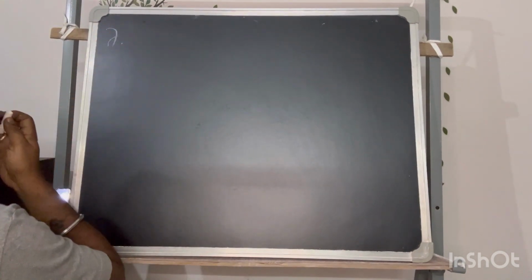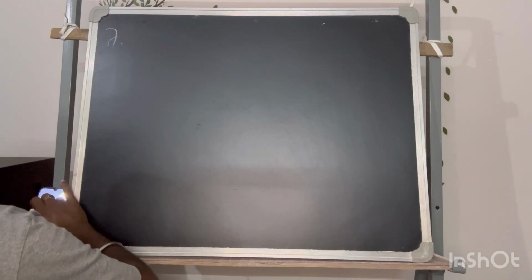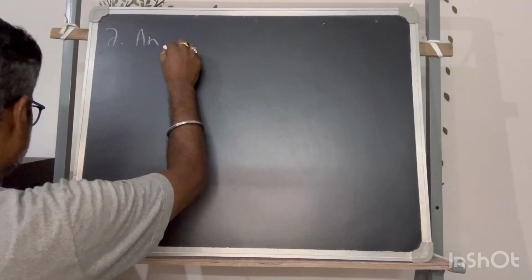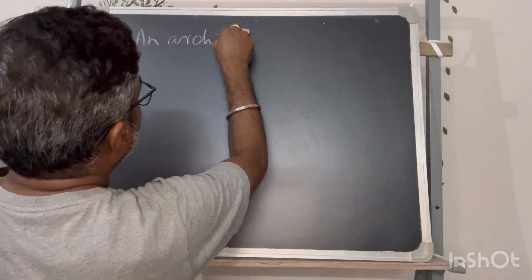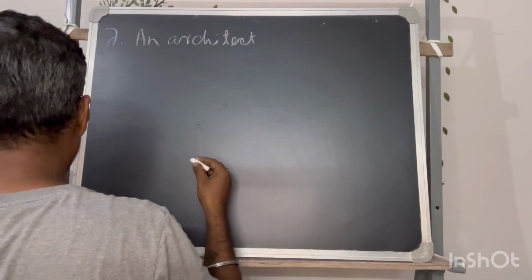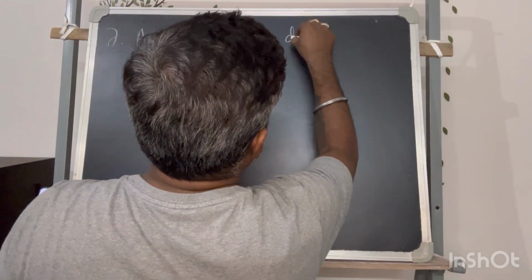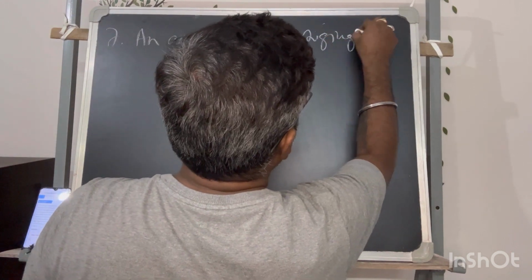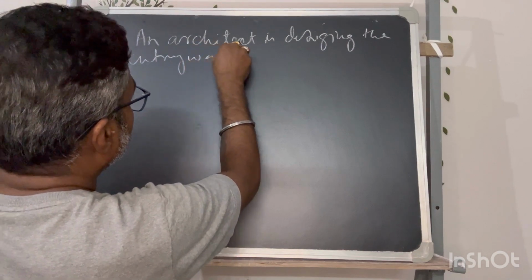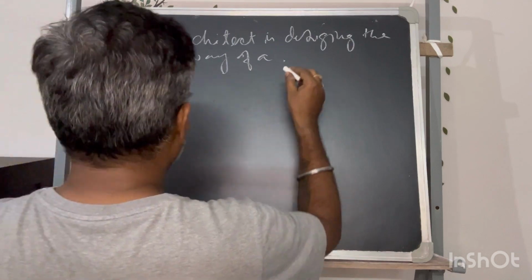Number 7. An architect is designing the entryway of a restaurant.